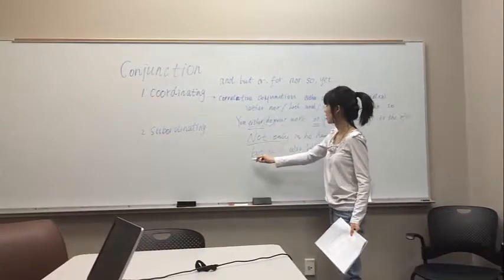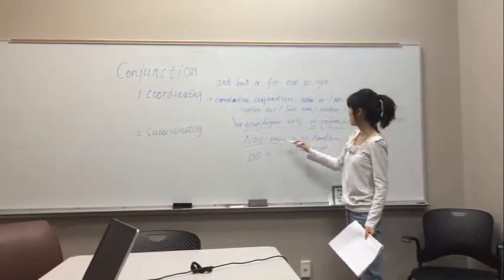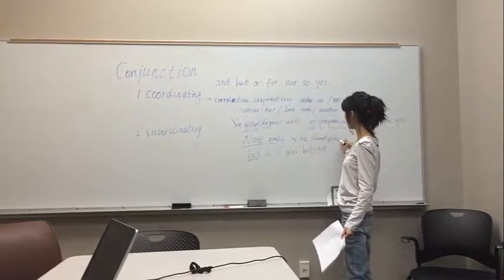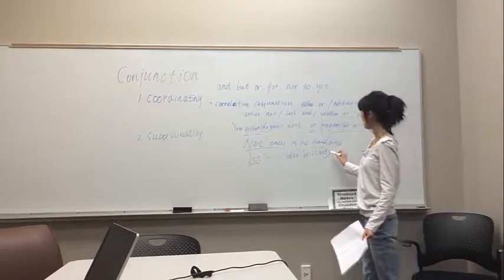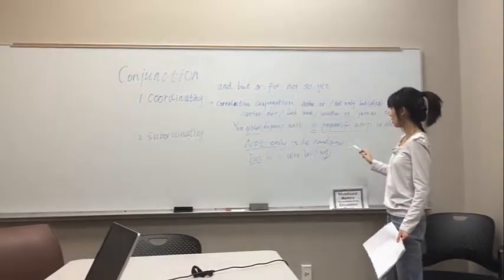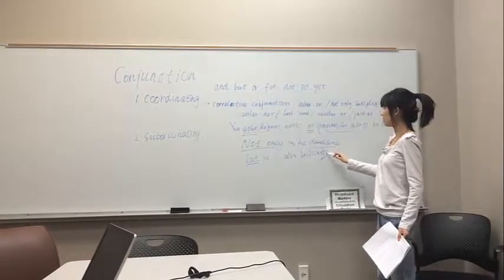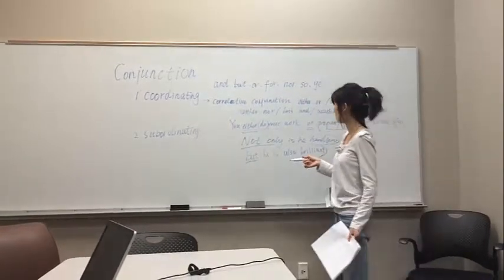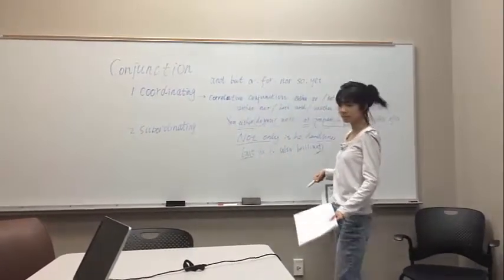Not only and but are the correlative conjunctions. They connect handsome and brilliant. They are adjectives, and they both describe a person's qualities. We can't say either one is more important. They have equal weight in one sentence. So this is the correlative conjunction.